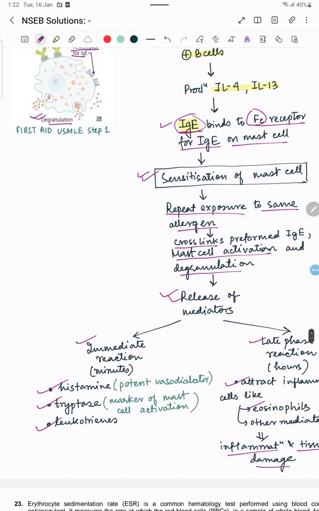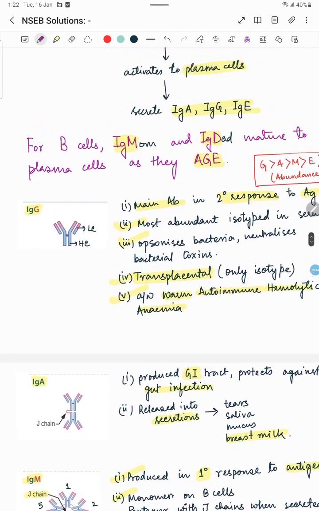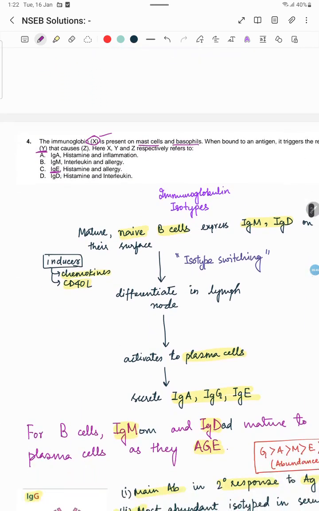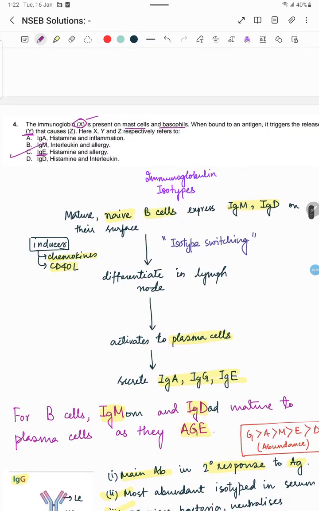It can trigger the release of histamine, tryptase, leukotrienes. It can attract the eosinophils. Among the options, there is only one. So we have got our answer. When it binds to the antigen, it triggers the release of Y, which is obviously histamine, and which causes Z, which is obviously allergy. And what is a good name for allergy? It is the type 1 hypersensitivity reaction.